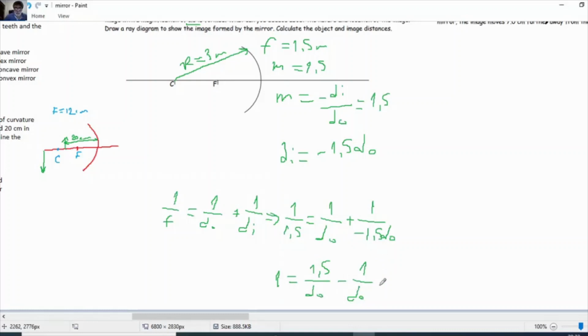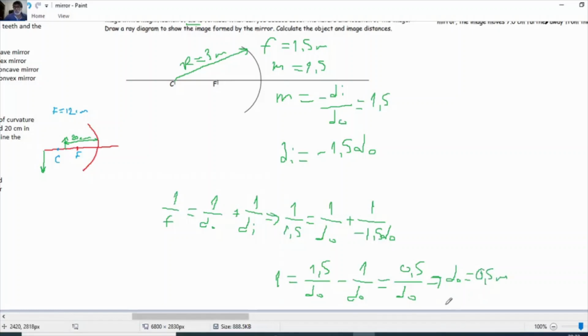So if we make this subtraction, we are going to get 0.5 divided by the object. 1 is equal to 0.5 divided by the object. It means that the object distance is going to be equal to 0.5 meters.